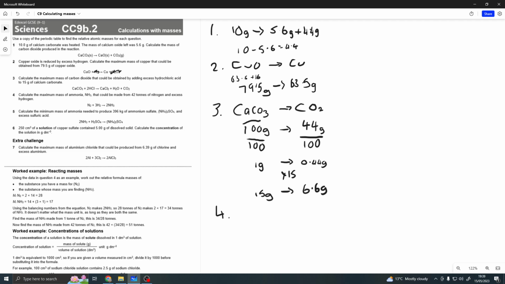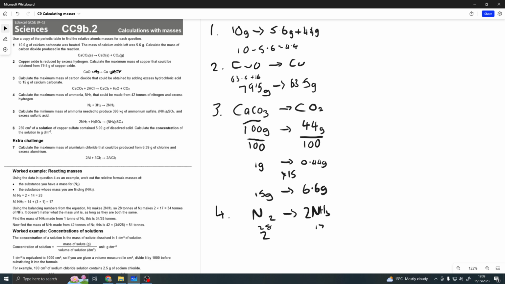So we need to say that N2 will become, and this is where it gets tricky because we've got balancing numbers to work on now, 2NH3. So N2 we've got 28 MR and NH3 we've got 17.